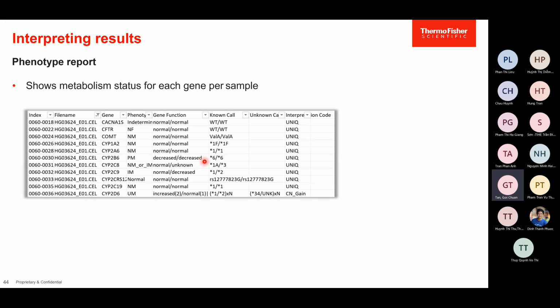If they see any problem, like why there is no call, only then will they go back to the comprehensive reports and summary reports to troubleshoot. Otherwise, they just refer to the phenotype report. For example, based on this CYP2C9 STAR1/STAR2, I already know this person is an intermediate metabolizer, and I can use this information for subsequent steps. So this is a very final kind of report.